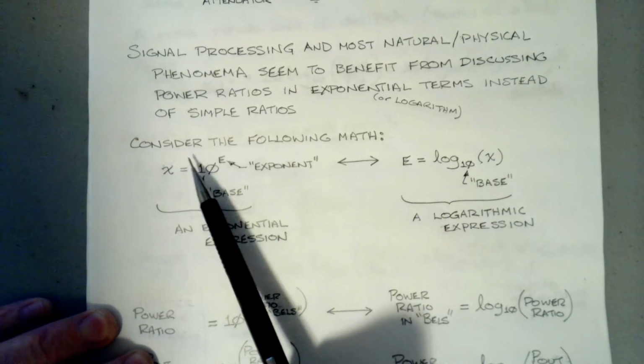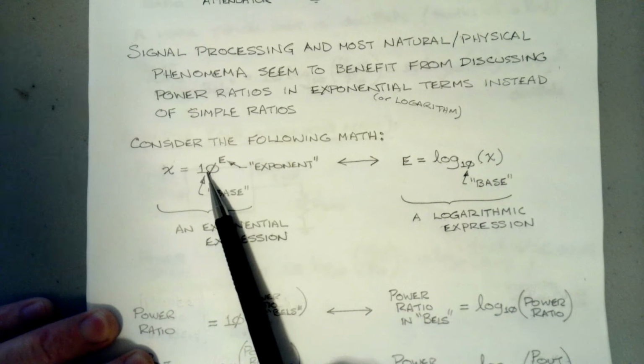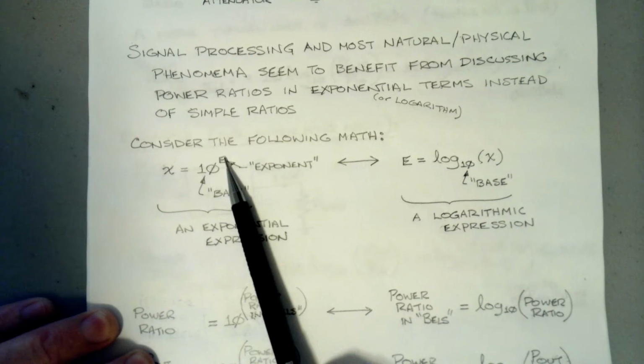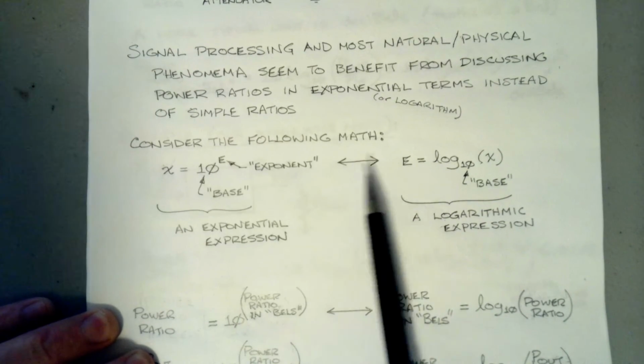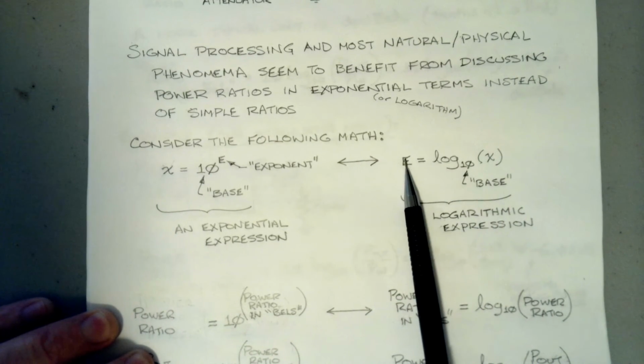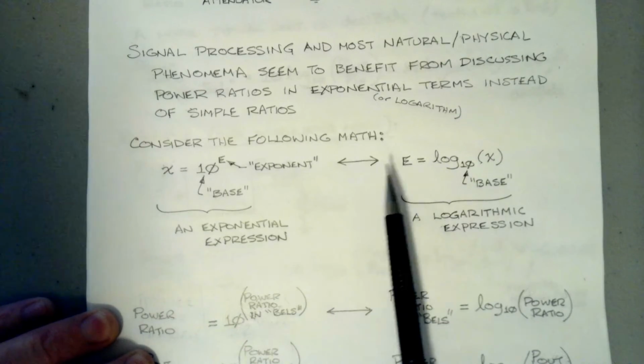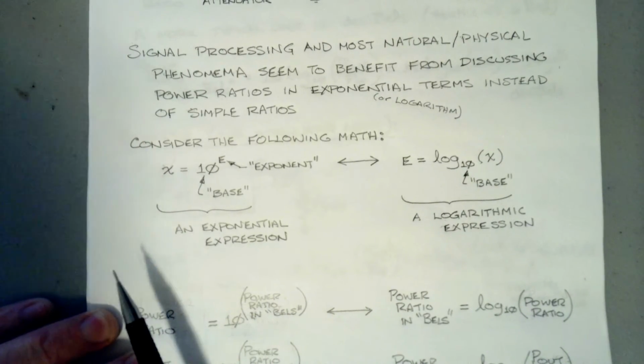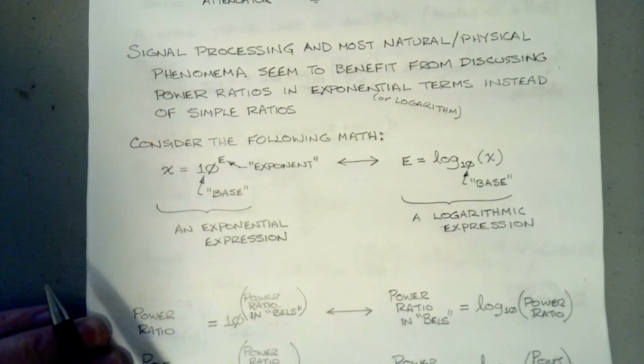So if you put in 3 here, e equals 3, 10 to the third is 1,000. If I take the log to the base 10 of 1,000, I would get 3. So these are an inverse function pair, if you will.